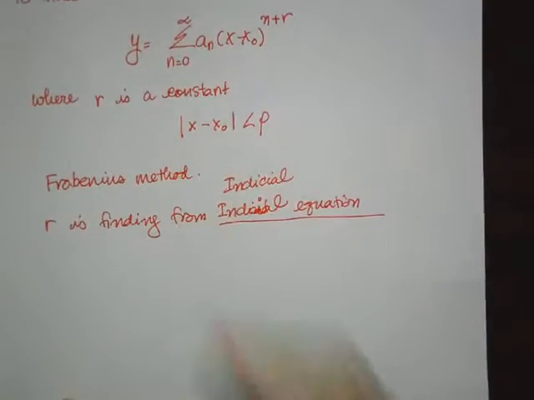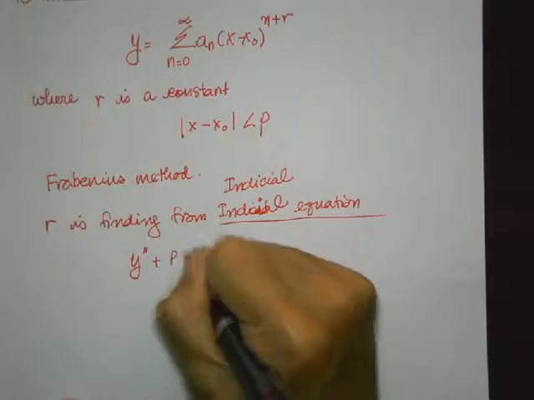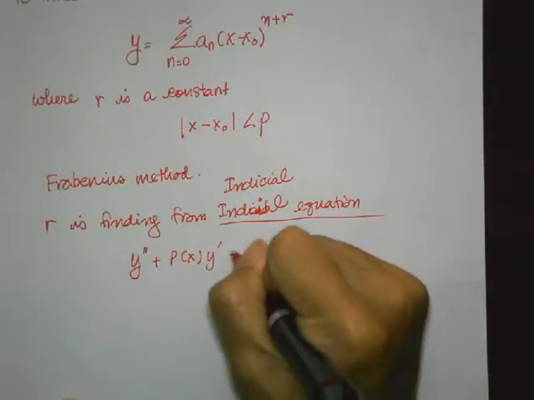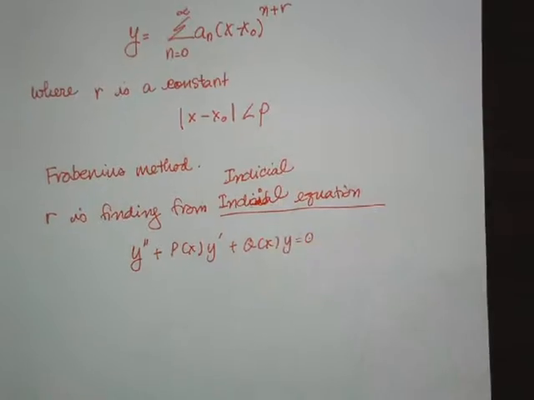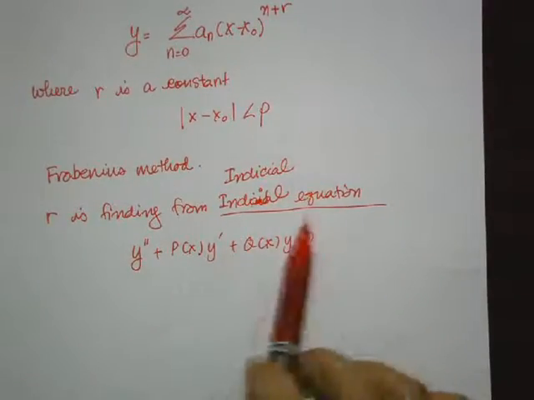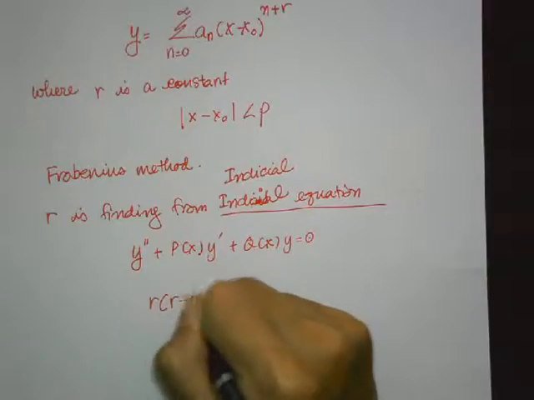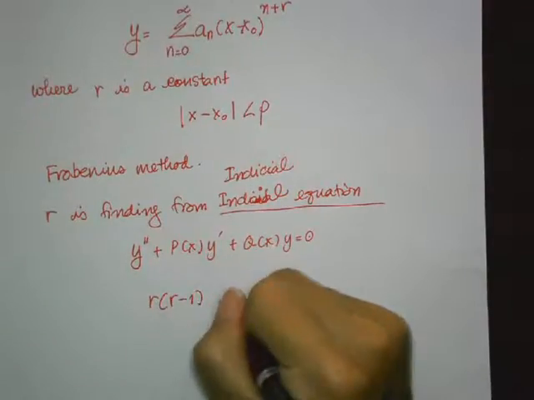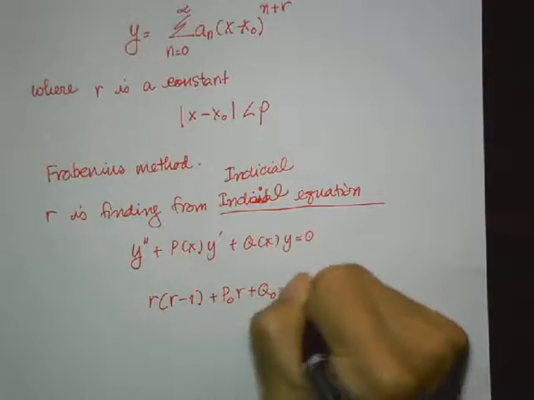Say that we have a differential equation like this. We say that the indicial equation is r times r minus 1 plus p0 r plus q0 equal to 0.